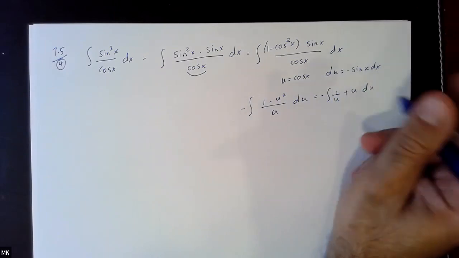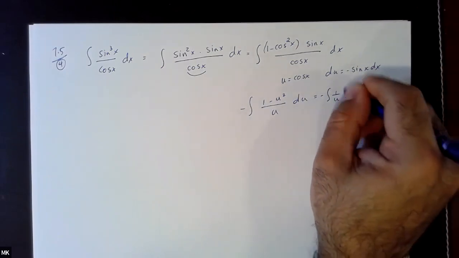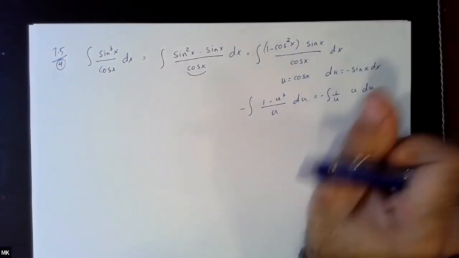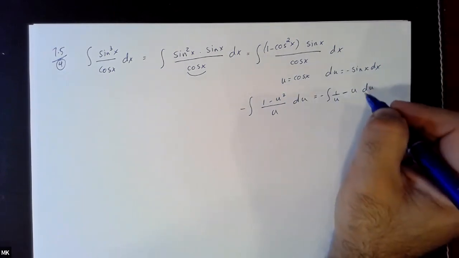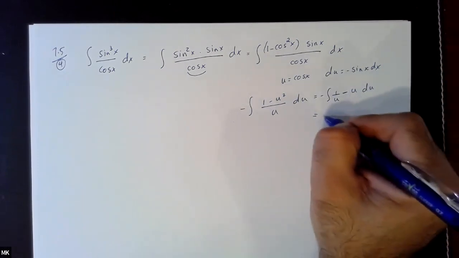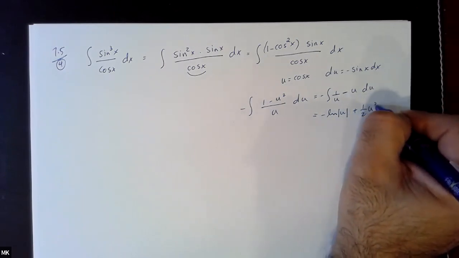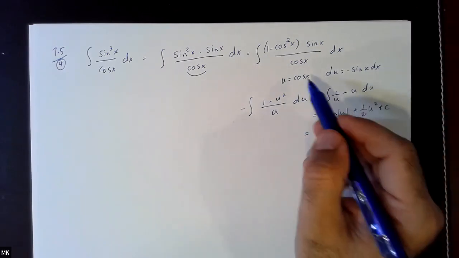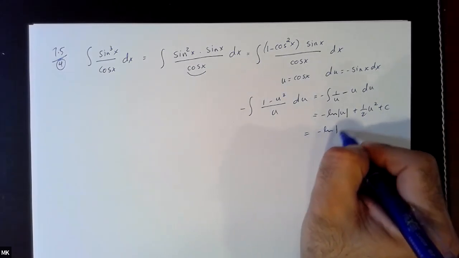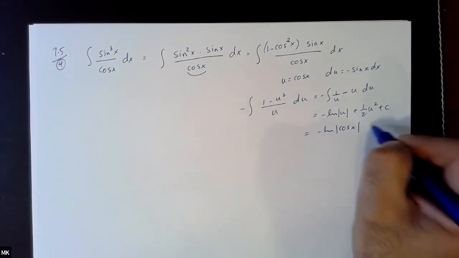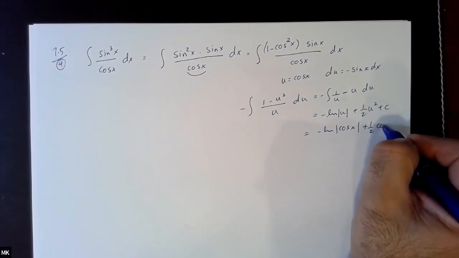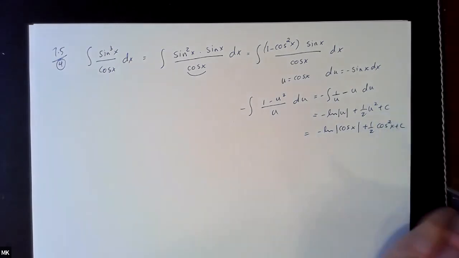Sorry, minus. I pushed the negative through, even though I didn't. So minus u. So it's negative ln of u plus 1/2 u squared plus c. Obviously, u is cosine: negative ln of cosine, very nice, plus 1/2 cosine squared plus c.